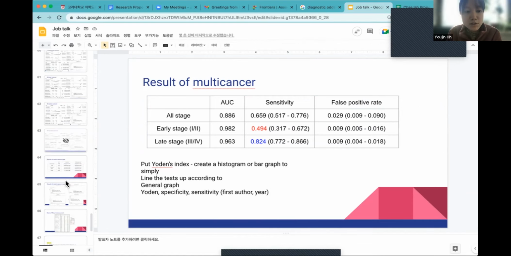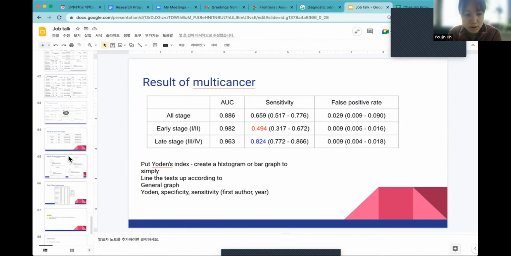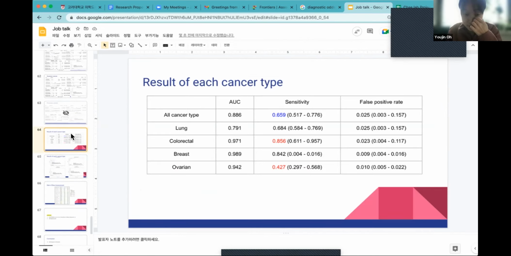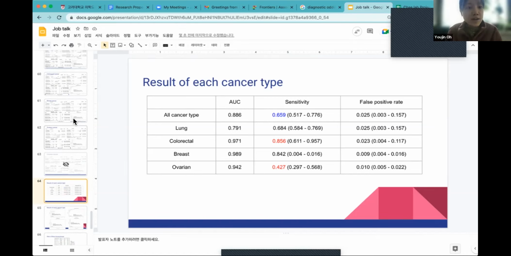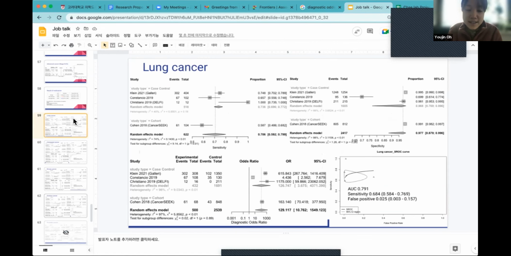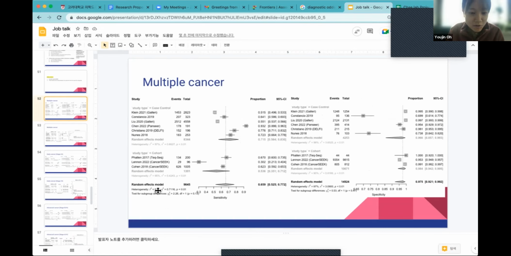Okay, so these are pretty much all done, and I'm going to add some more technical analysis on heterogeneity. I guess heterogeneity will be very high here, even the I-squared values are pretty much high, over 90.